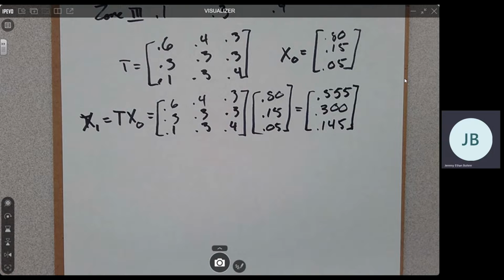After the first pickup and drop off, we have this new distribution where 55.5% of the cabs are in zone 1, 30% are in zone 2, and 14.5% are in zone 3.